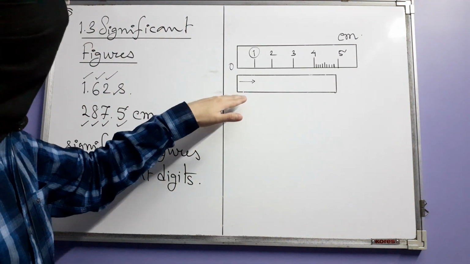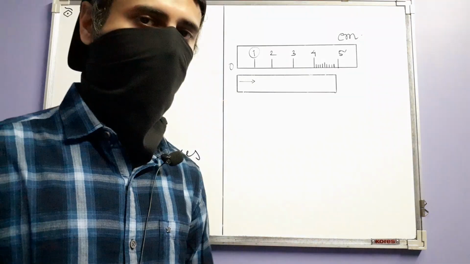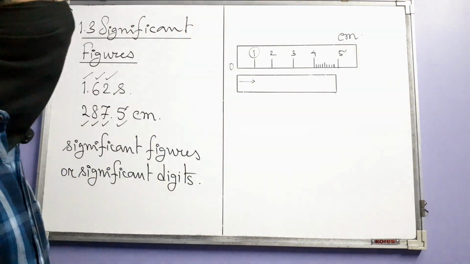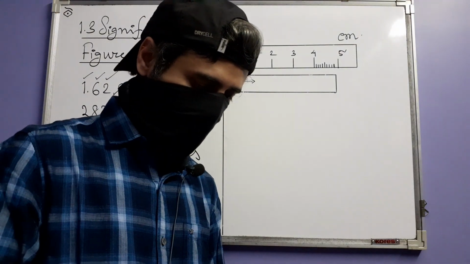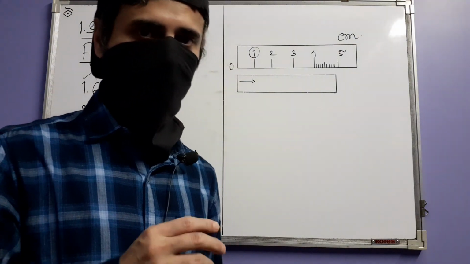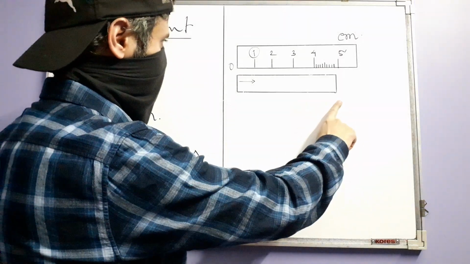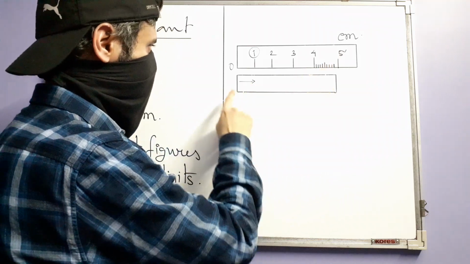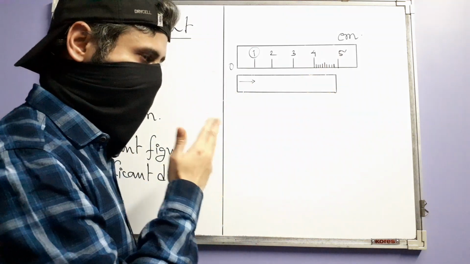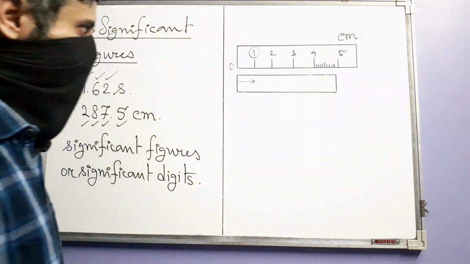Say, I want to measure the length of this block of some material. What do I do? The simplest thing to do is to measure it using a ruler. So I place the block here and I place the ruler parallel to the block in such a way that I try my best to match these two edges.